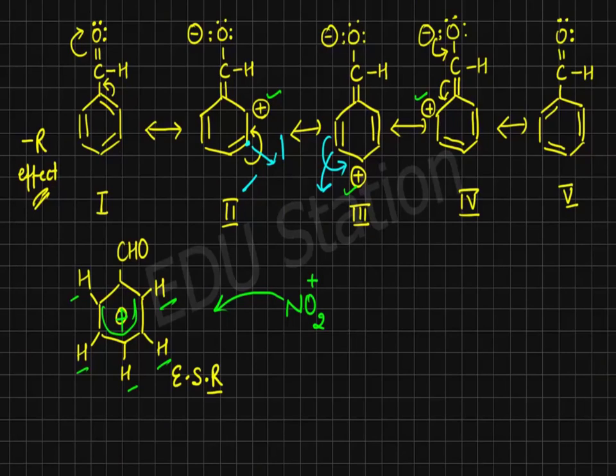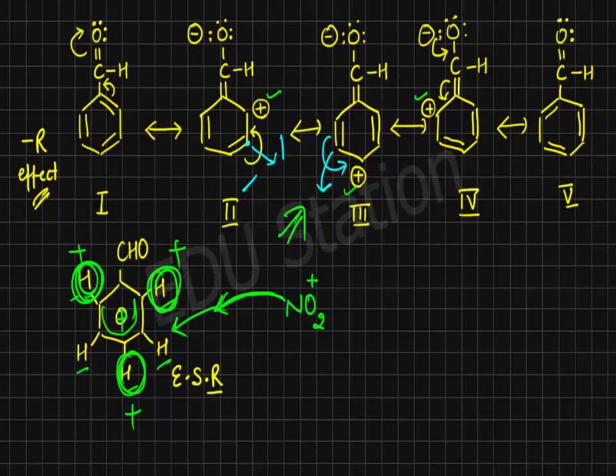Now, you use the catalyst, you use high temperature and you force it to attack on the benzaldehyde molecule. Then also it will not attack at ortho and para positions because they carry positive charge. Look at these structures, they carry positive charge, but meta does not carry positive charge.